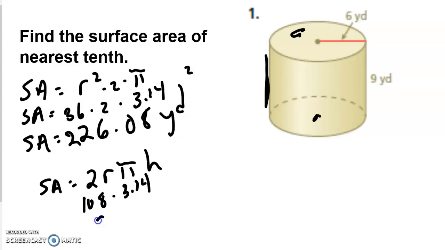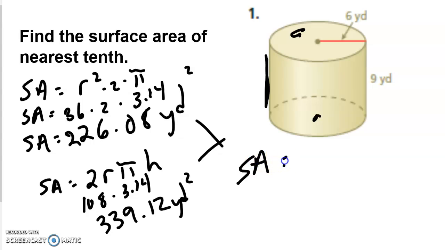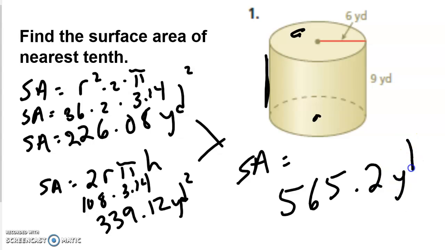And that is going to give us 339.12 yards squared. Okay, so there's the tops and the lateral. Put them all together. So our surface area is going to equal 565.2 yards squared.